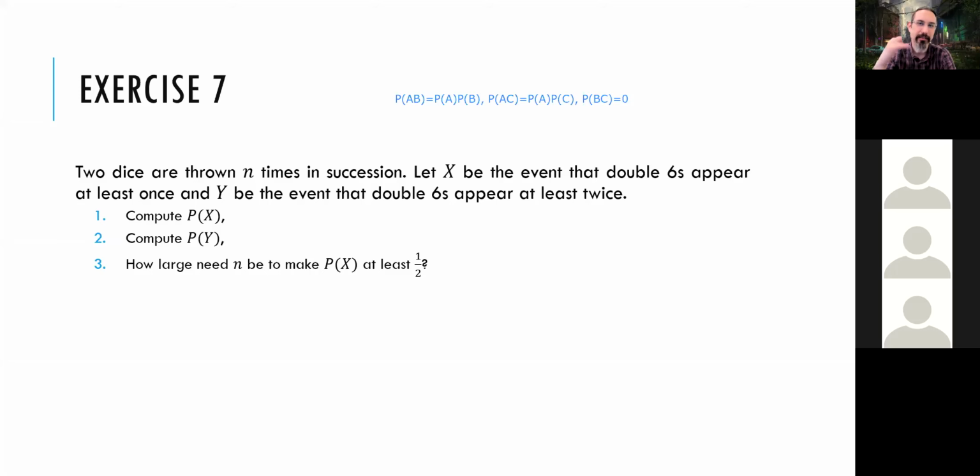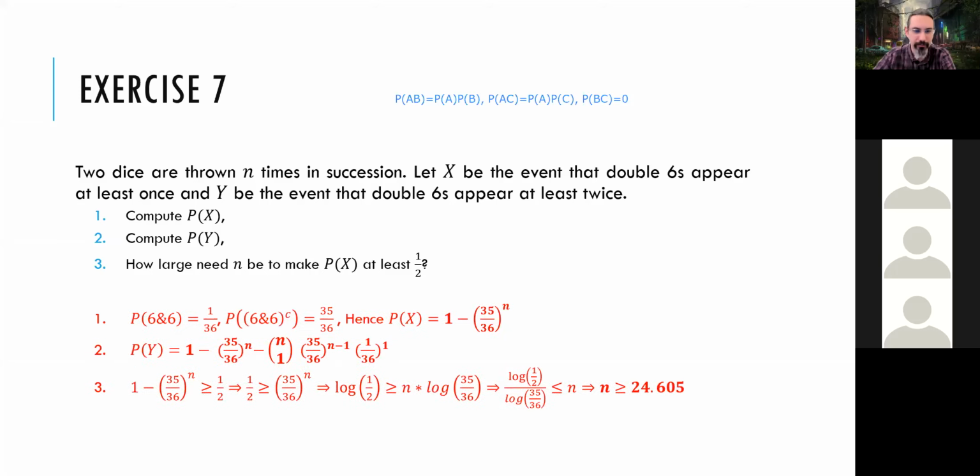And this will be subtracted from the previous one as well. As you can see, we are subtracting from 1 the experiments that have no double sixes, and the experiments where only 1 double six appeared. These two scenarios are the ones we do not want because we want double sixes to appear at least twice. So we are subtracting their probability from 1.